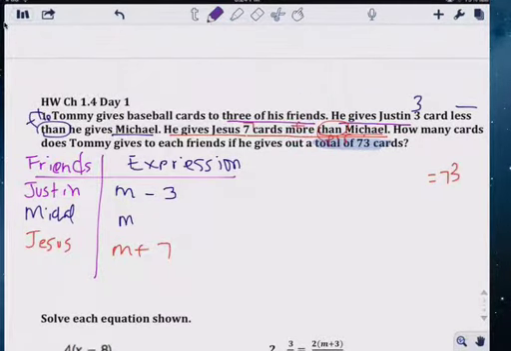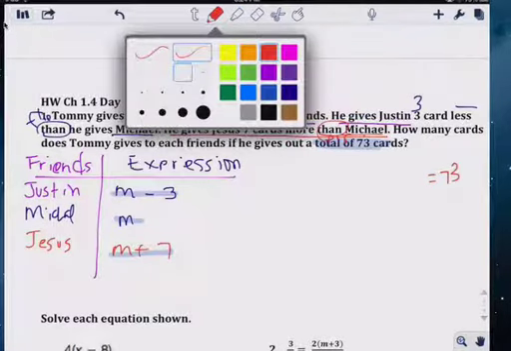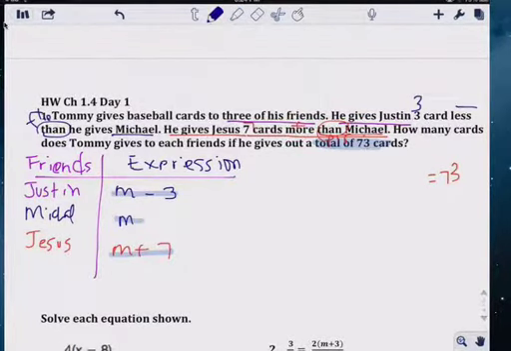And then first, we're going to use these expressions to write an equation. So we've got M minus 3 for Justin, M right there, and M plus 7.